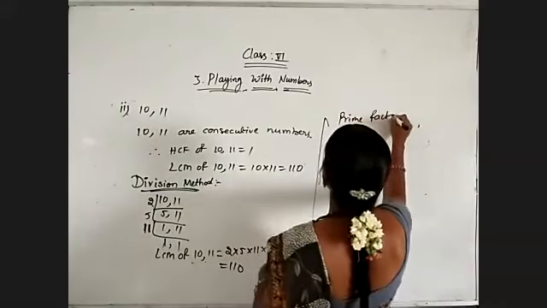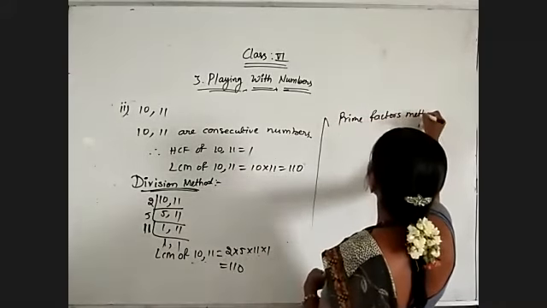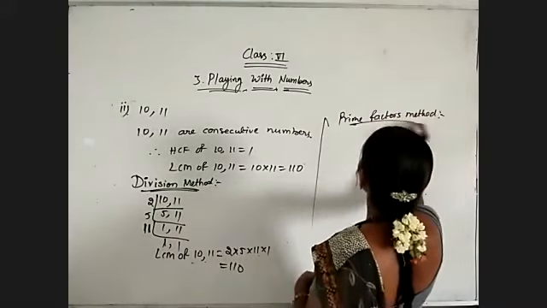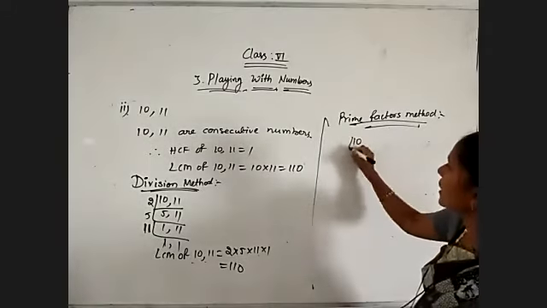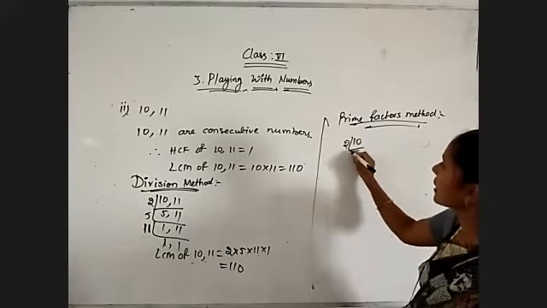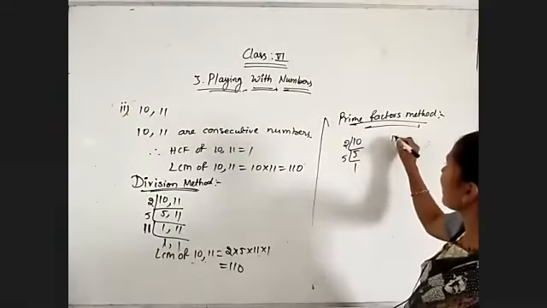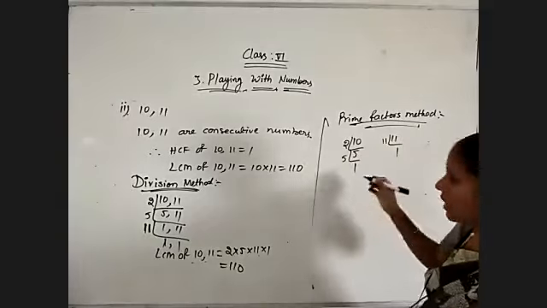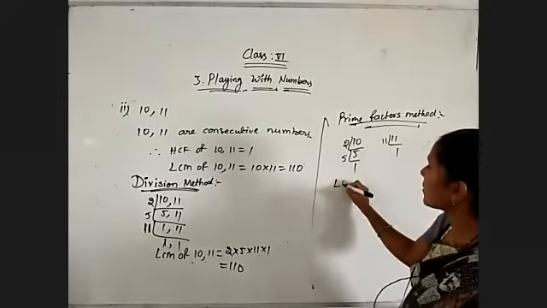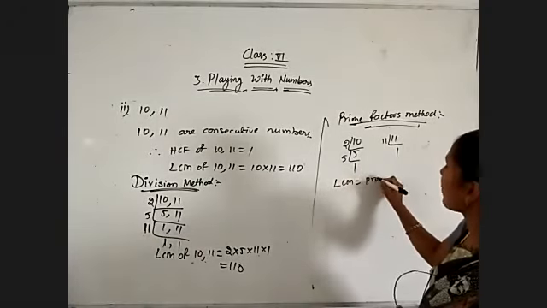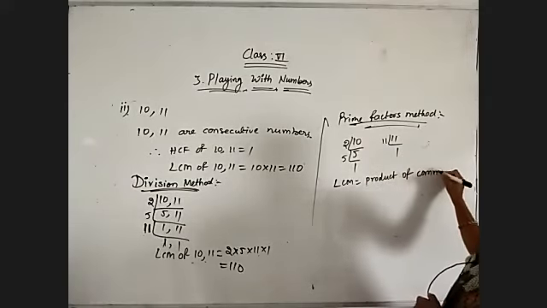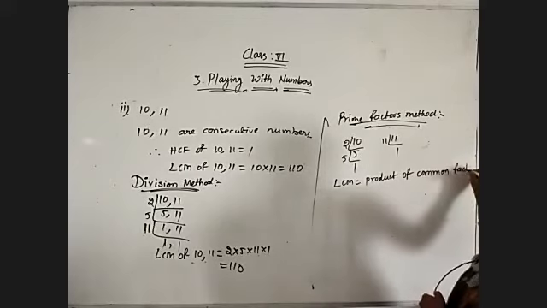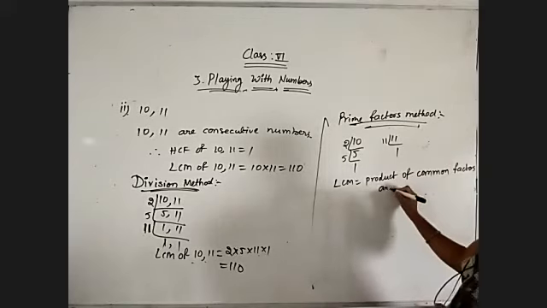Prime factors method. In this method, what we have to do is take the numbers separately. So 2 fives are 10, 5 ones are 5, and 11 ones are 11. That's all. Now, LCM is equal to product of common factors and remaining factors.